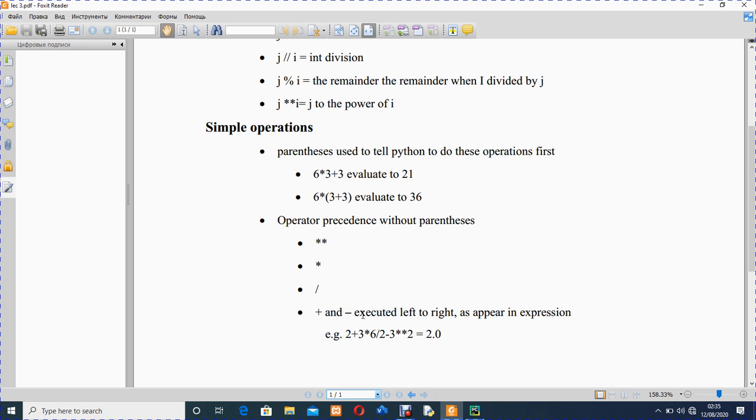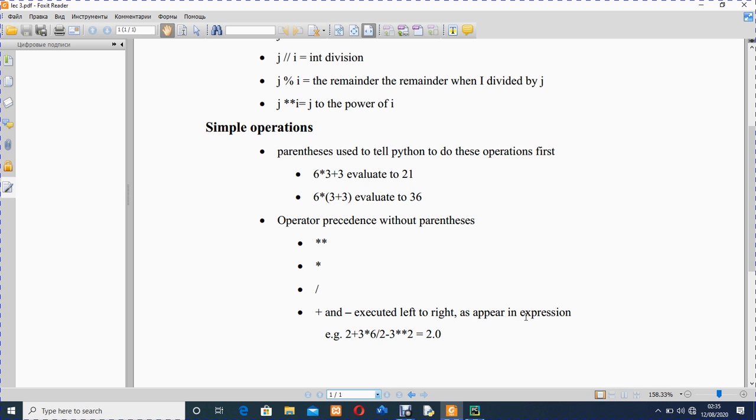This is executed left to right according to how we listed it. That's how the rule is. When you have double star in your calculation, it has to perform this operation first, followed by single star, then division, plus and minus last. That's why they say executed left to right as a pair.